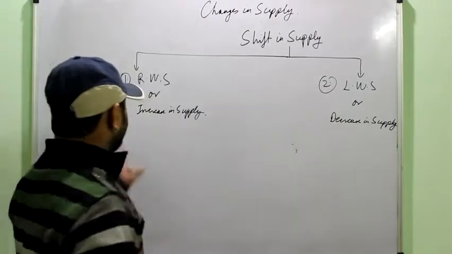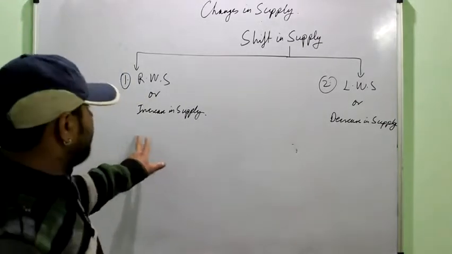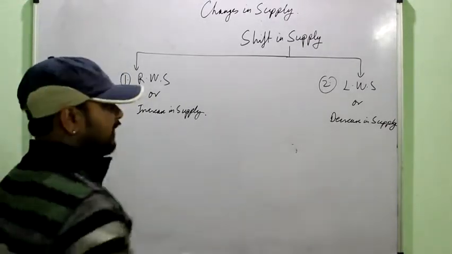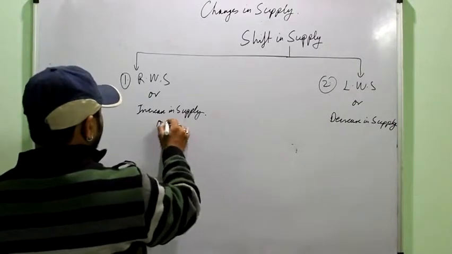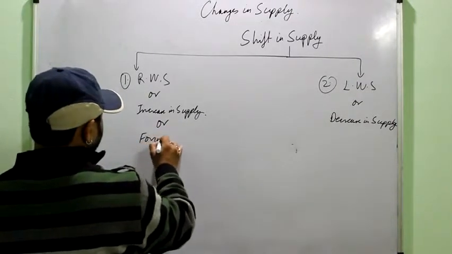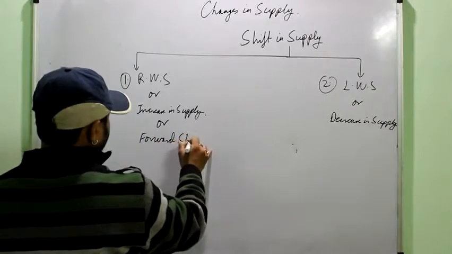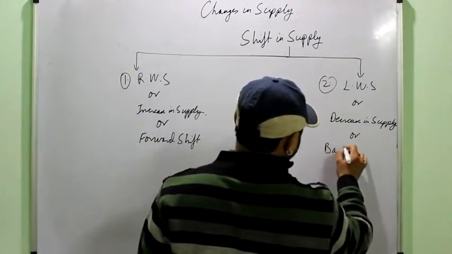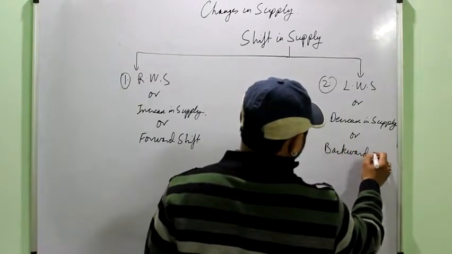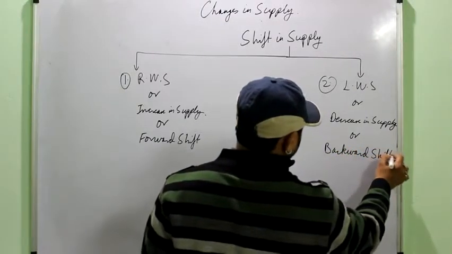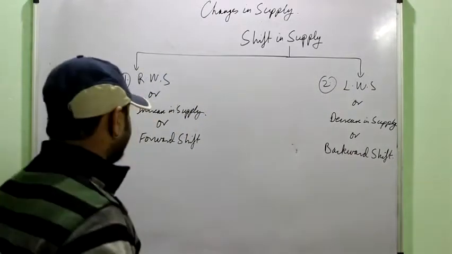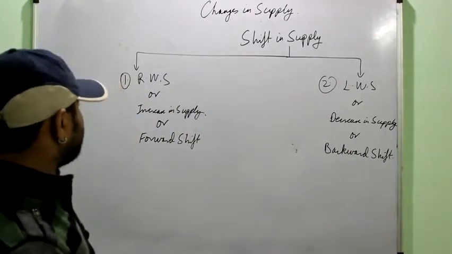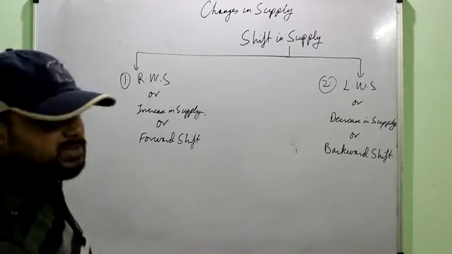See, for movement we said increase in quantity supplied, for shift we say increase in supply, and same for the leftward shift, also known as forward shift, also known as the backward shift.